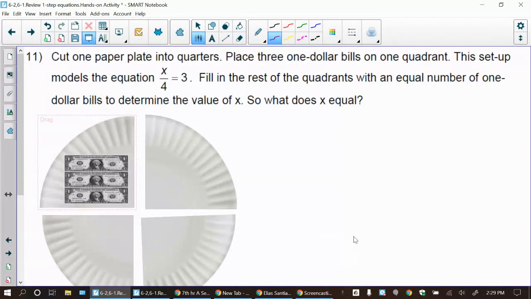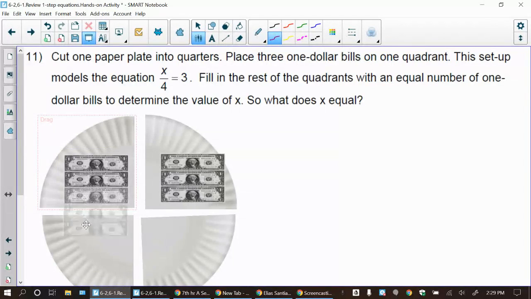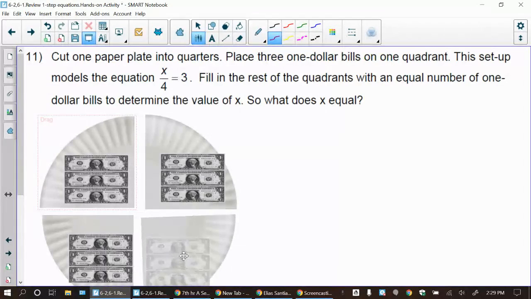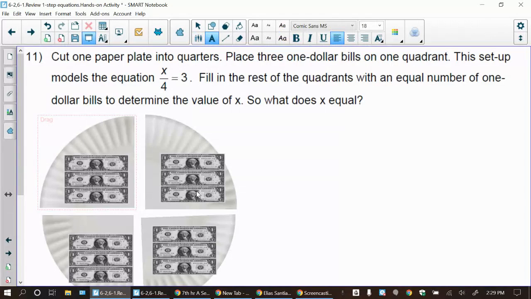So yours should look like quadrants. So now inside each of these, I need 3 more dollar bills again. Boom. So how much does this whole x now equal? Well, I have 1, 2, 3, 4 times x equals 12. That is our solution.